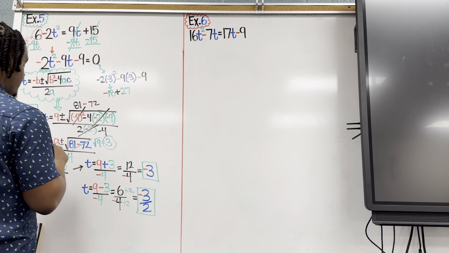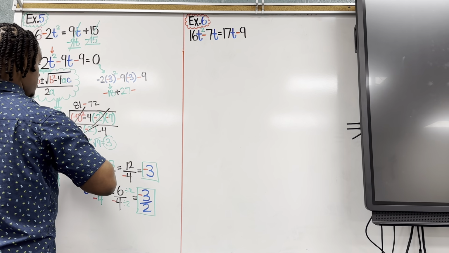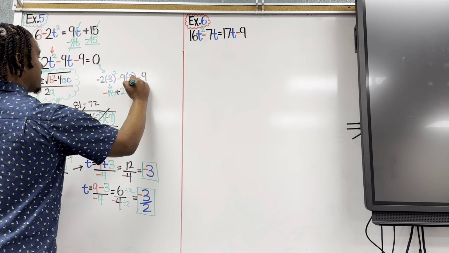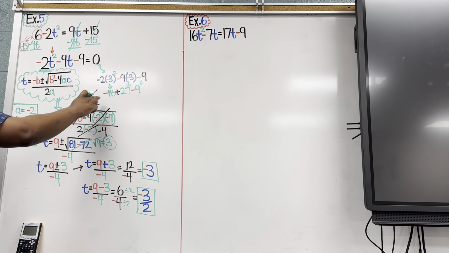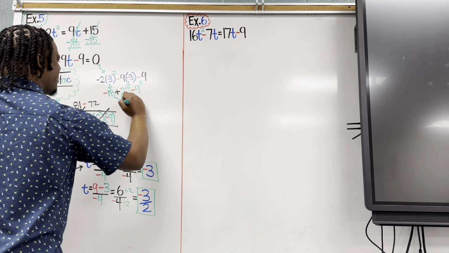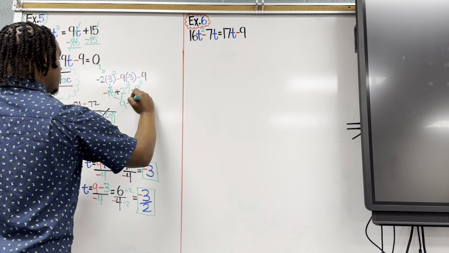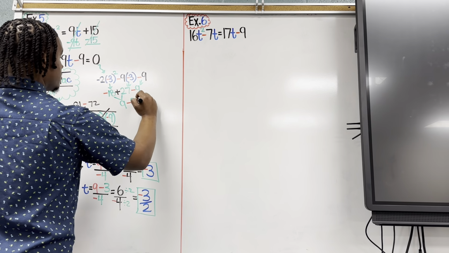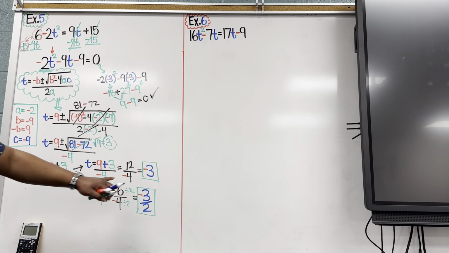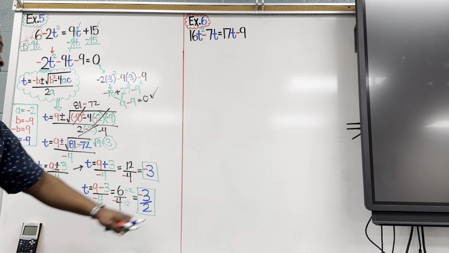And then, of course, we still have that minus 9. So negative 18 plus 27 is a positive 9. And then positive 9 minus 9 equals 0. And that's what we wanted it to equal, meaning that negative 3 is a root of this particular quadratic equation, and also negative 3 over 2.